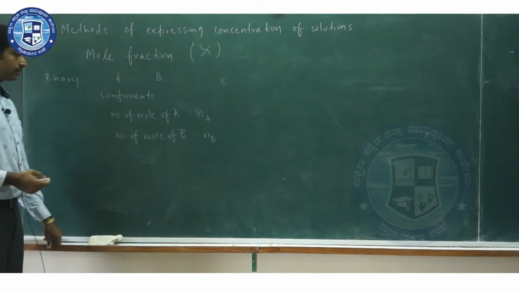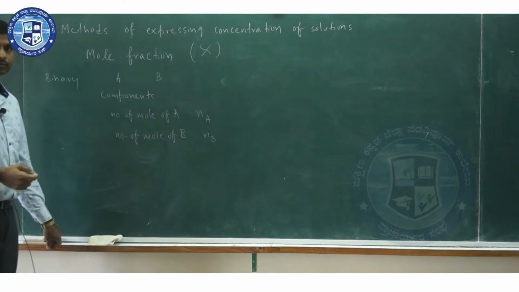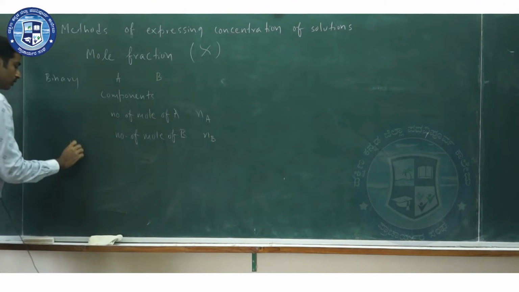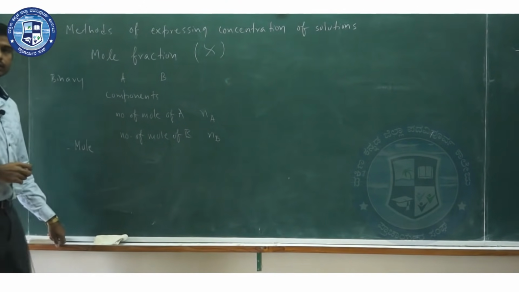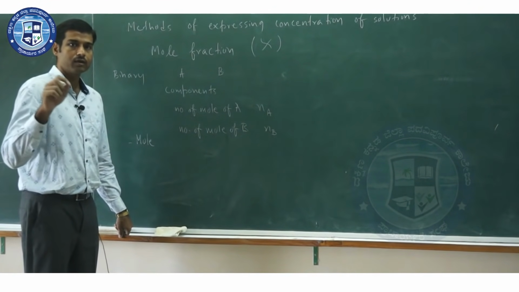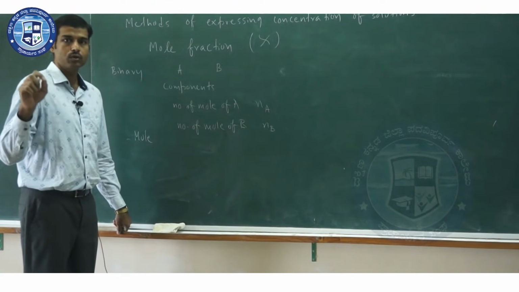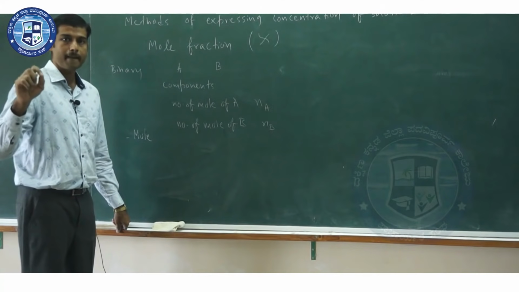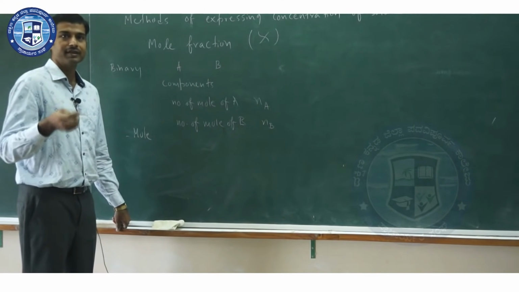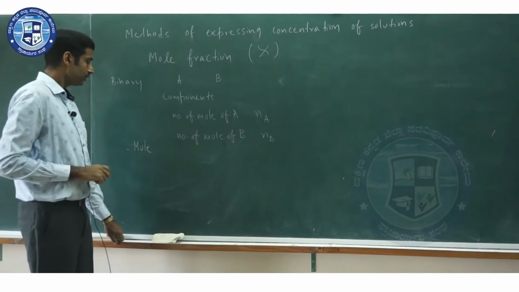Now, what do you mean by number of moles? How do you understand the concept of mole? So, mole is the quantity of substance or amount of substance which contains Avogadro number of particles. 6.022 into 10 to the power of 23 particles, if it is present in a given amount of substance, that will be equivalent to 1 mole of the substance.